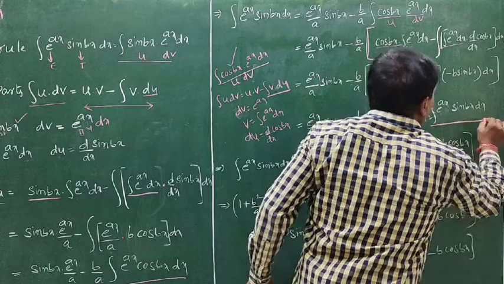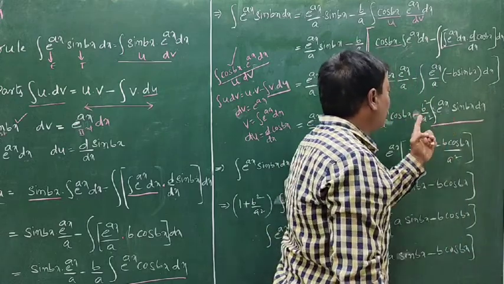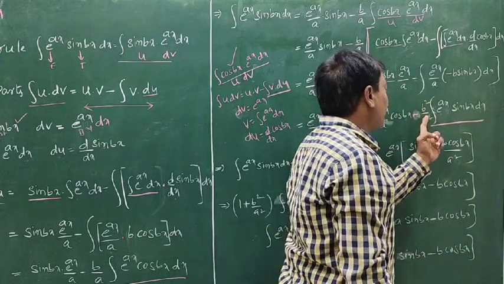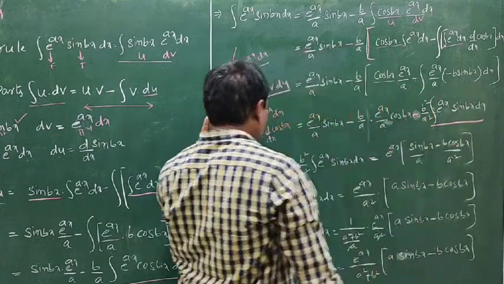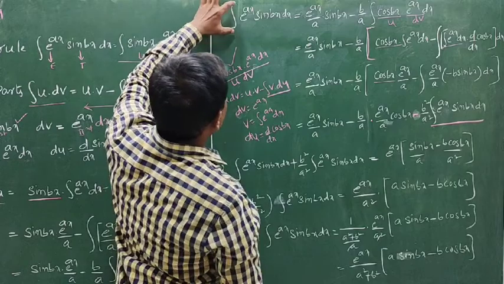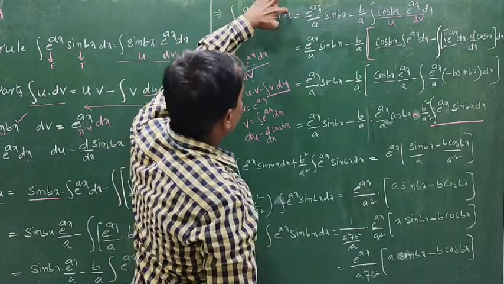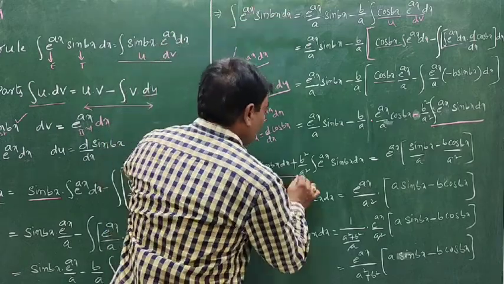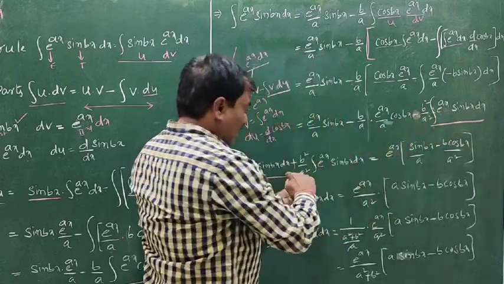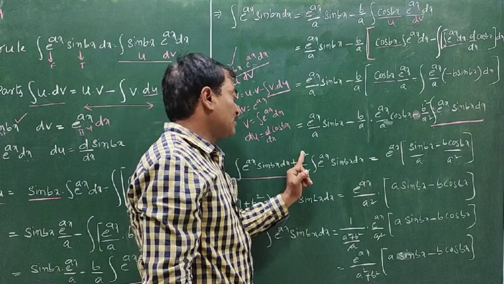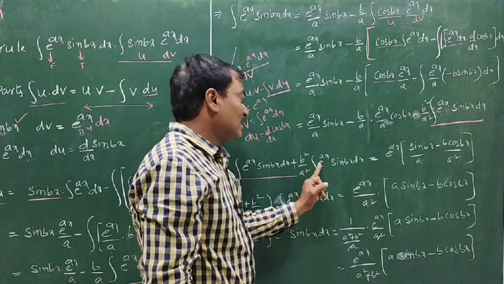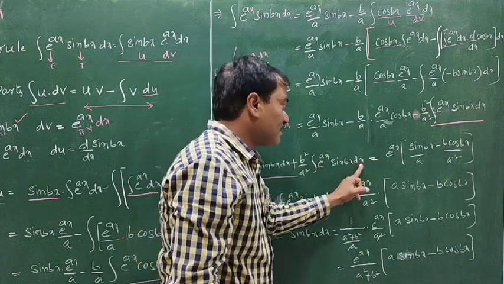So we shift this minus b square by a square integral e power ax sin bx to the left side. The left side is the integral e power ax sin bx dx, the first term. If we shift it, the negative becomes positive, plus b square by a square integral e power ax sin bx dx.